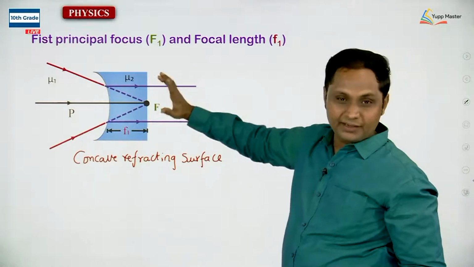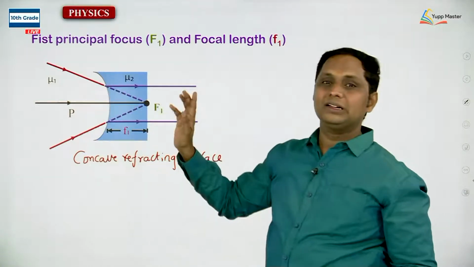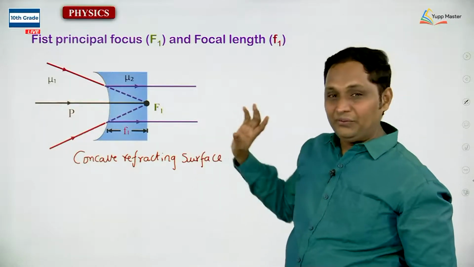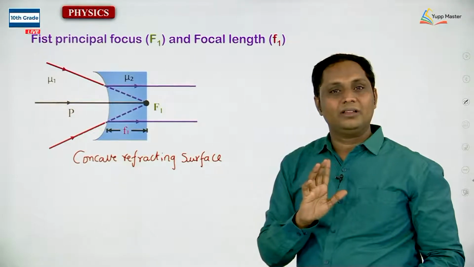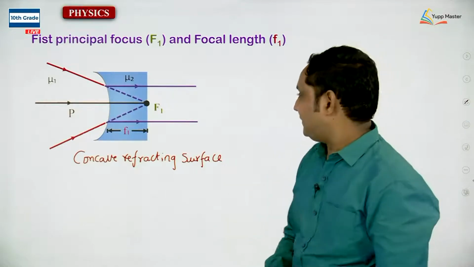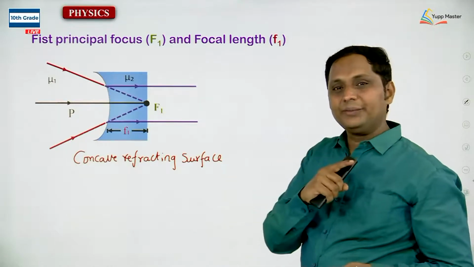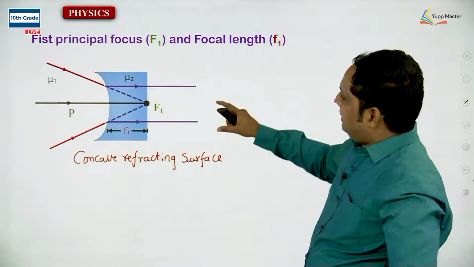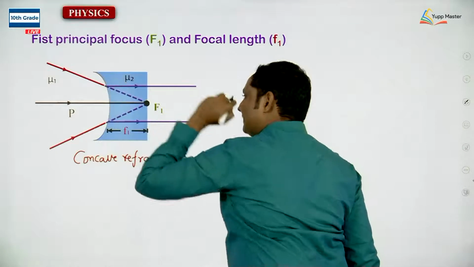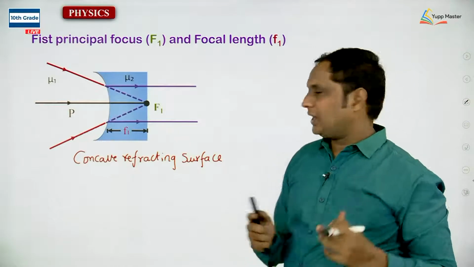If you consider that mu1 is the rarer medium and mu2 is the denser medium, the refracted light rays will move towards the normal. At the same time, they are about to meet, and if they are extended to this point F1, we would like to get this one.